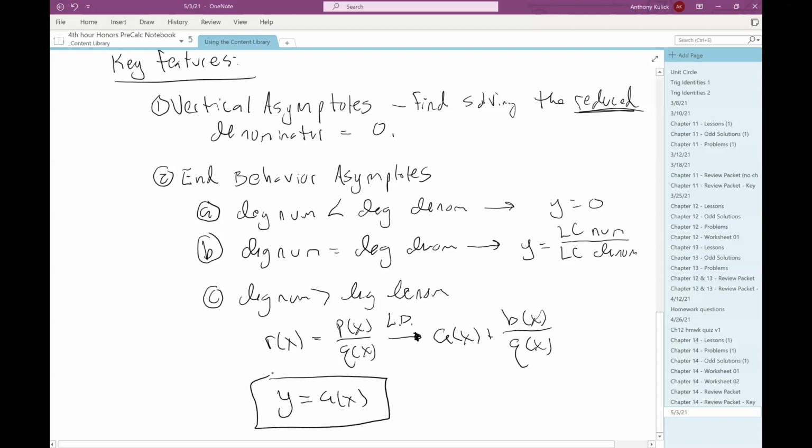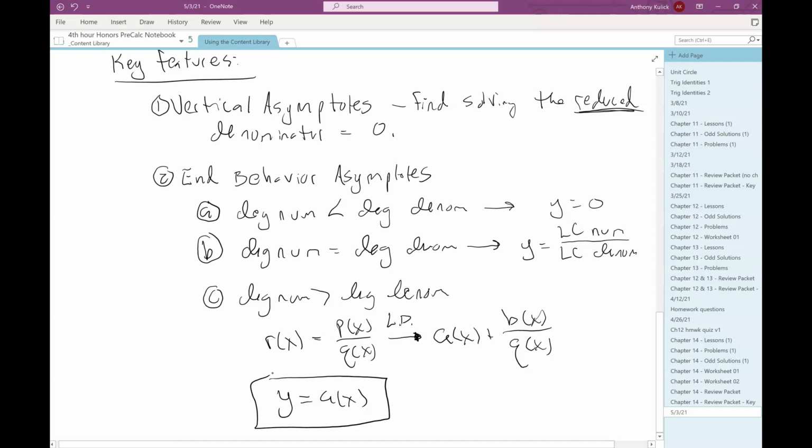So in most cases that will be a line, but it could be a quadratic or a cubic or something else that's worse, but not in this class. Right? Probably a quadratic would be as bad as it would get.